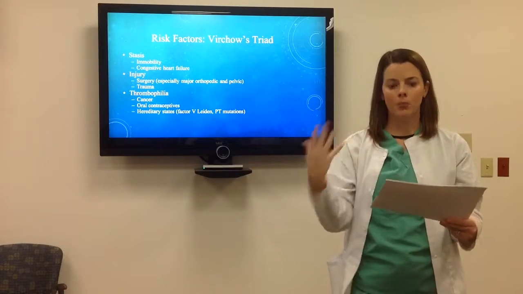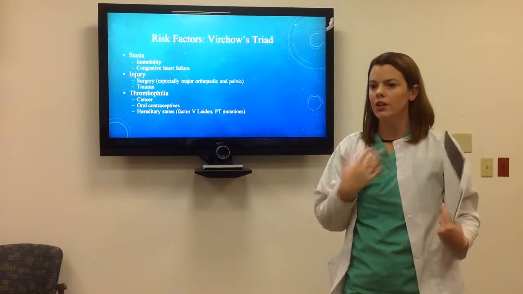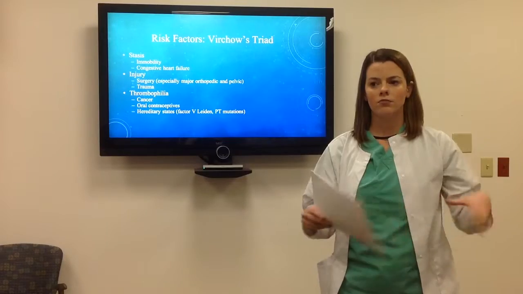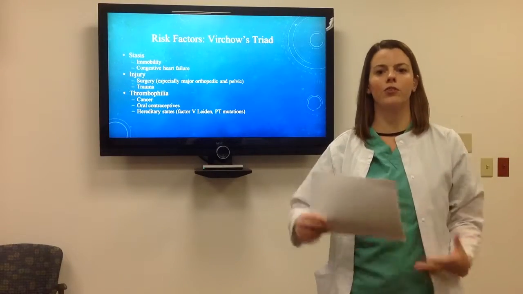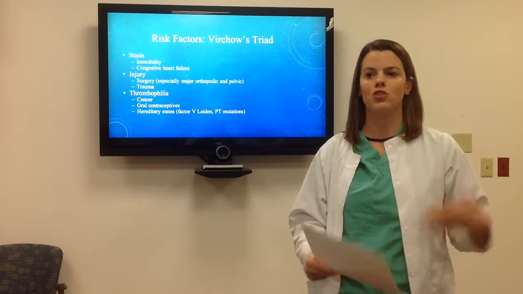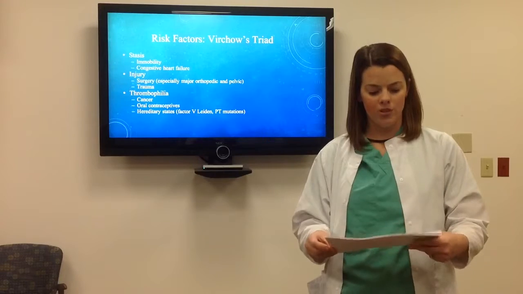Stasis is going to be your immobility, things like CHF, congestive heart failure, that would affect your body's ability to move the blood around and get perfusion going, and kind of creates more of a stagnant blood environment, which puts the patient at higher risk for developing clot formation.